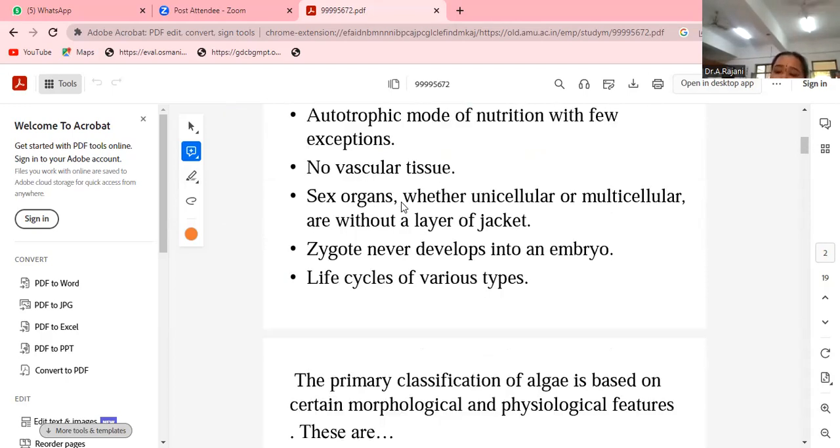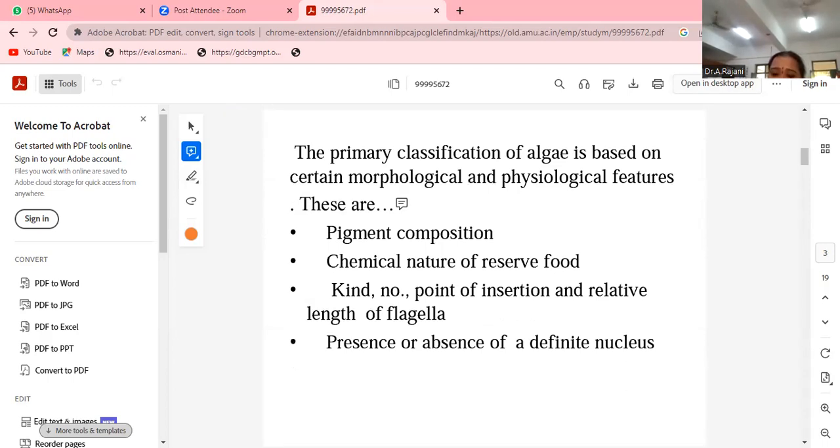But what are the basic things Fritsch took to classify the algae? Based on the morphology and physiological features of algae, the first is pigment composition, the chemical nature. Chemical nature means the plant body is made up of cells. Yes or no? In each and every cell wall, what type of chemicals are present and what type of reserve food material is also present.